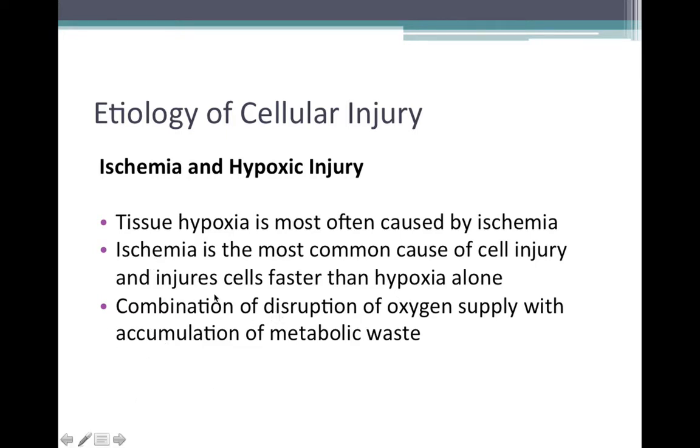Now, this is because, like I said, it's a combination of disrupted oxygen supply and an accumulation of metabolic wastes like lactic acid, and that could damage the tissue further. So even if someone has low oxygen levels in the blood, as long as their blood's still moving, that's less damaging than low oxygen levels in the blood and stagnant blood, or basically blood that's not moving through the tissue.